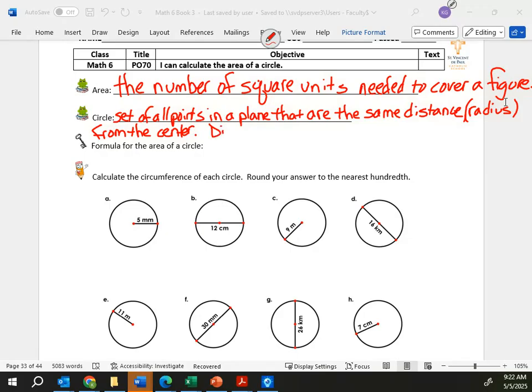Remember that a diameter is the distance across the circle, which is 2 times the radius. So our radius is halfway, the diameter is the full way. So that diameter is 2 times the radius.